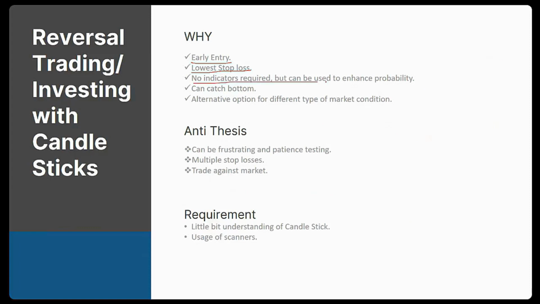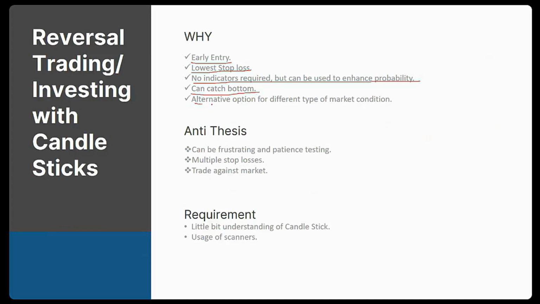In this, no indicator is required, but if you use an indicator, it can enhance your probability. It's again a game of probability. If you know how to use an indicator, fine, but not much knowledge is needed; a basic knowledge of candlesticks is enough, and you can catch the bottom with reversal trading.